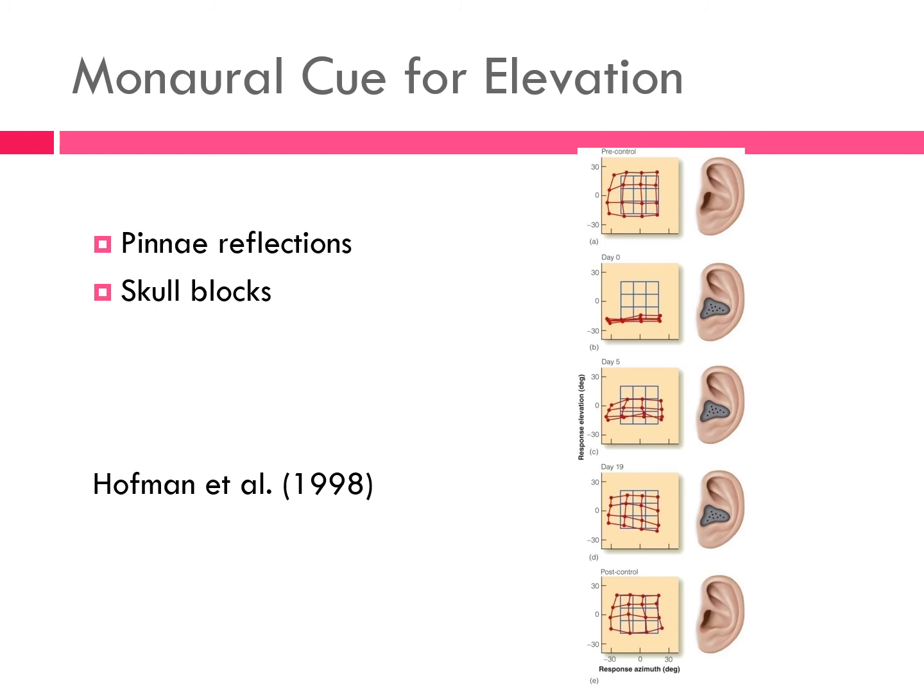So really, what was happening with this new clay thing acting as a new pinnae, they were making new correlations in their brains in order to figure out where sounds were located along the vertical plane.